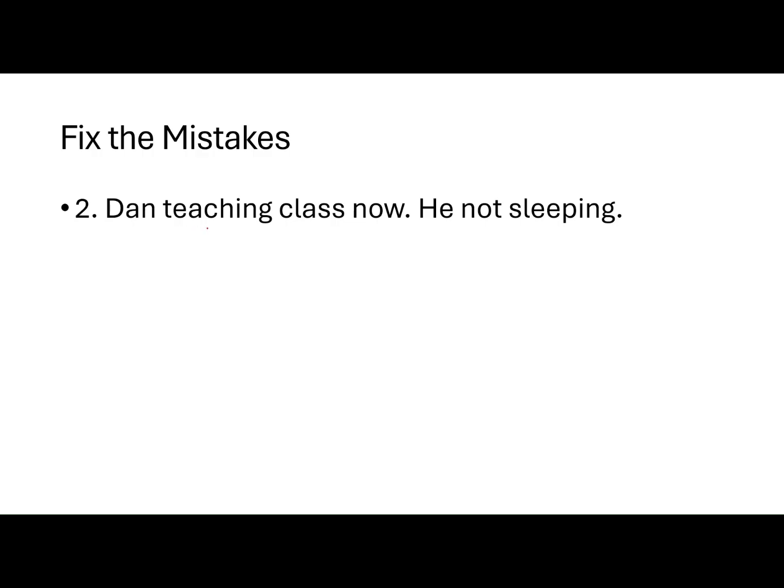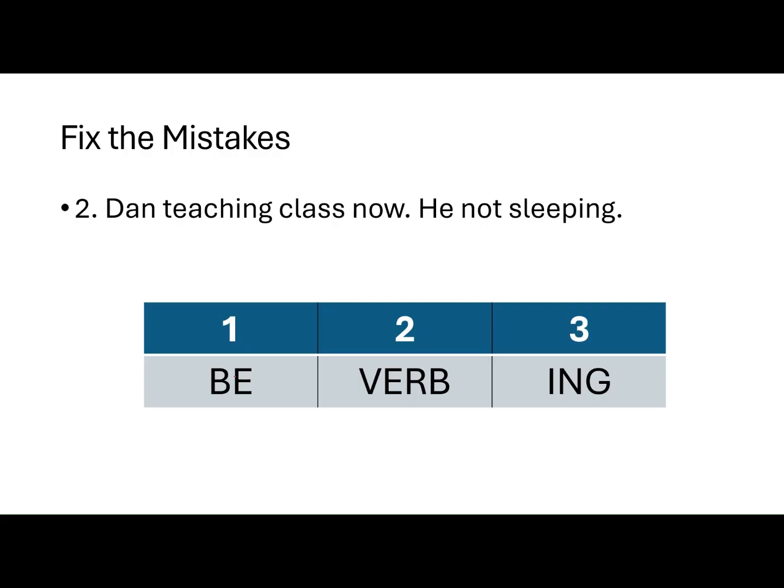Can you fix the mistakes in this sentence? Dan teaching class now. He not sleeping. For these present progressive sentences, I need to think about 1, 2, and 3. I need be plus verb plus ing. In the first one, I have the verb teach, that's 2. I have the ing, but I don't have the 1, which would be the be.